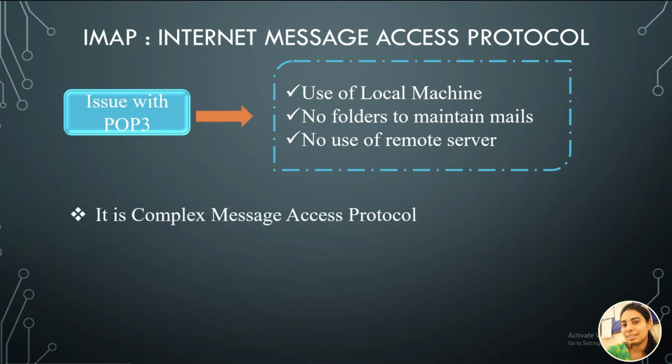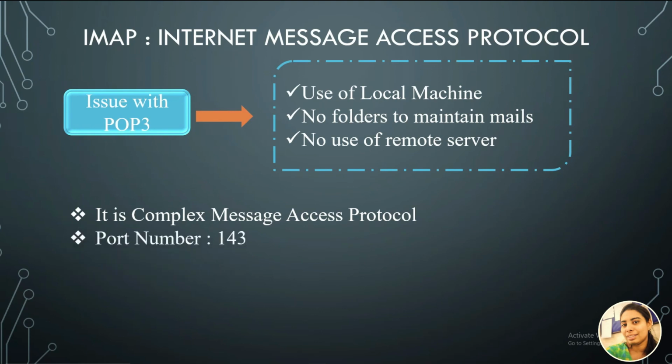As its name suggests, with the help of internet services, it provides accessibility of mails from anywhere at any time. Basically, it is a message access protocol, but the implementation of this protocol is a little bit complex. That is why it is known as a complex message access protocol.